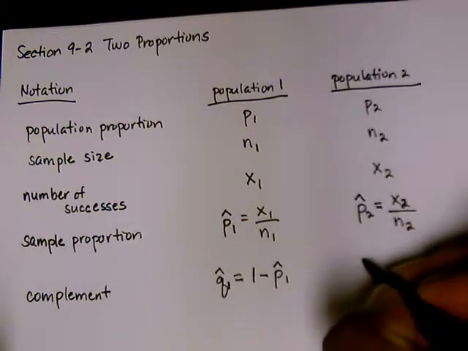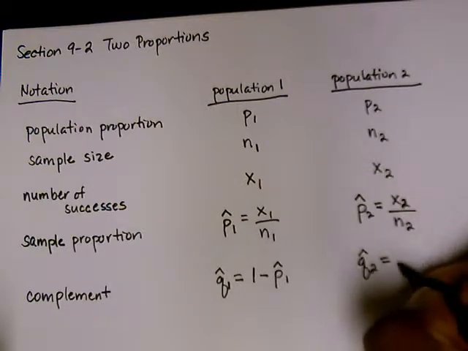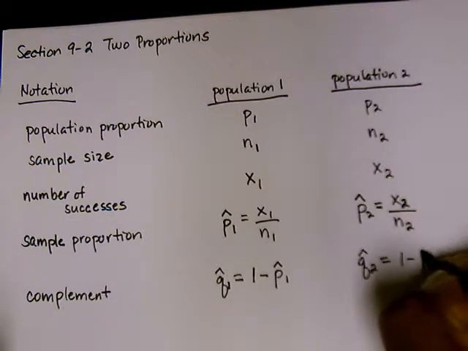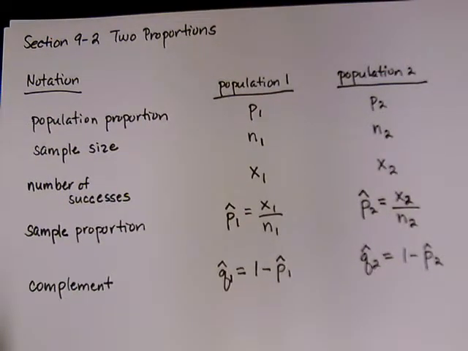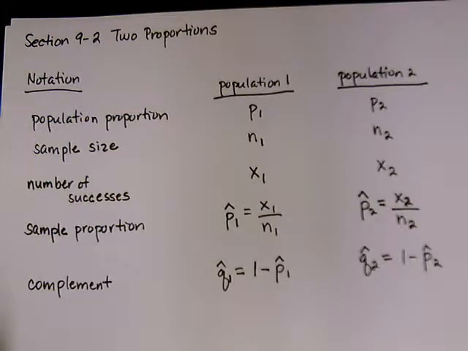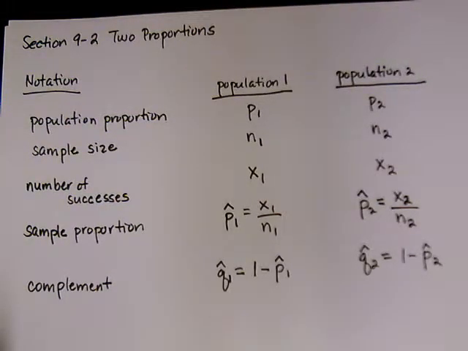And then for the second population, q hat sub 2 would be 1 minus p hat sub 2. So that's pretty much the notation that we use in this particular section when we're dealing with two proportions.